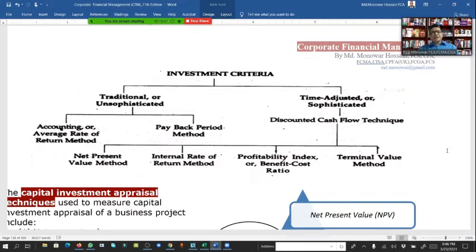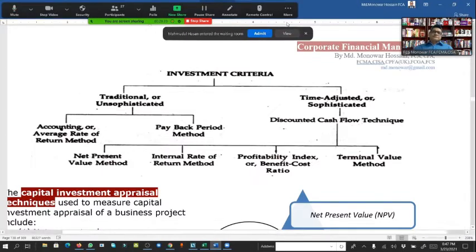Number one is the net present value method, and internal rate of return, that is IRR. Also profitability index, sometimes terminal value, and also discounted payback period. Payback period is traditional, but discounted payback is also traditional but considers the time value of money.